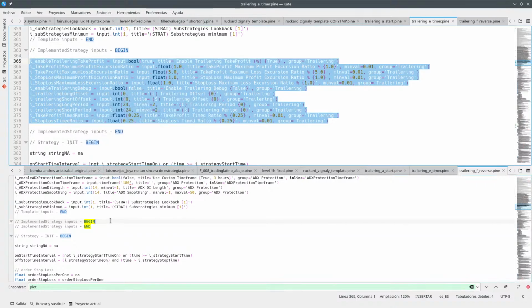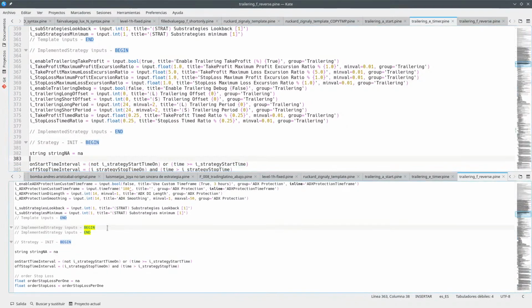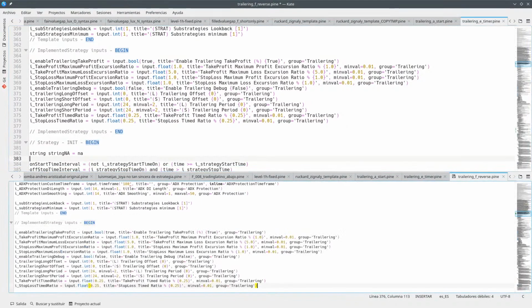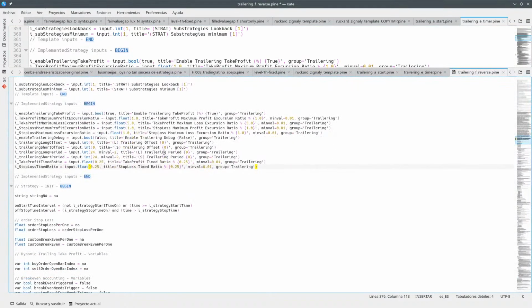So these are the settings that you have here. So if you use this or not, this is not going to be a setting.